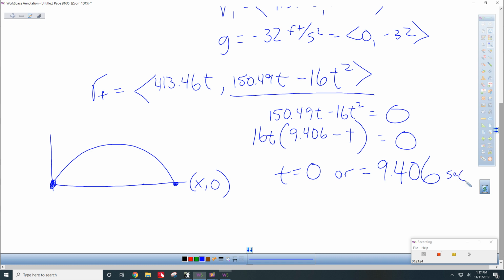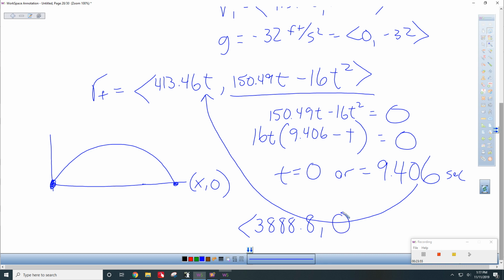So now what we need to know is at 9.406 seconds, how far to the right did it go? So I just multiply that number times 413.46, and the position tells us that at 9.406 seconds, we get the point 3888.8, comma 0.